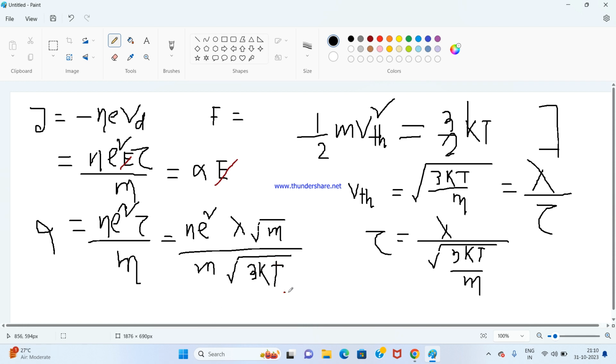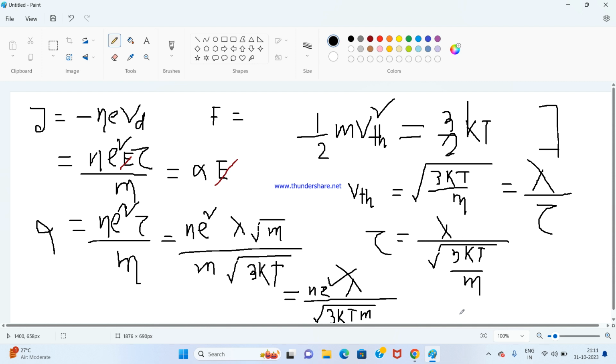So the final equation will be n e square lambda divided by root over 3kTm.